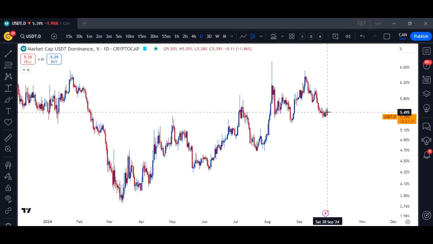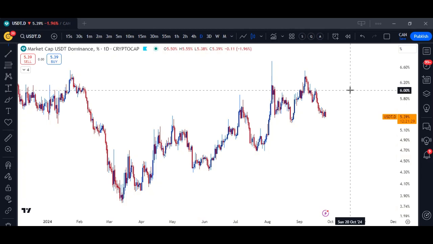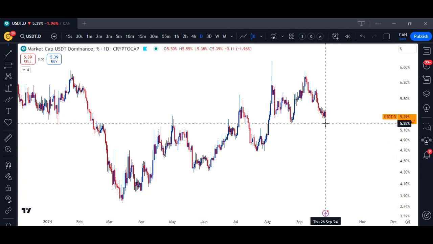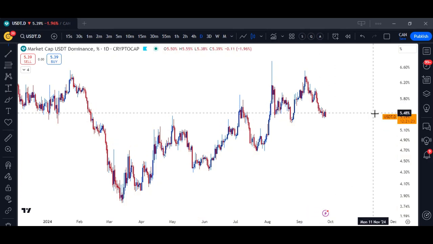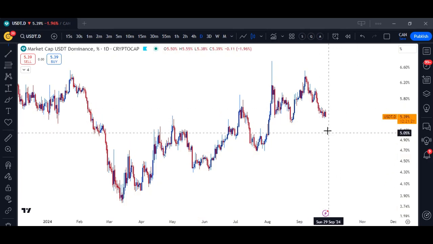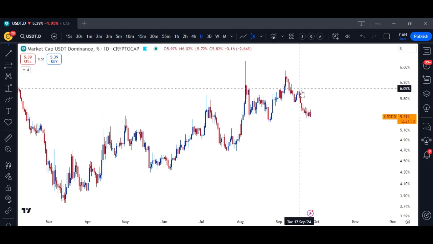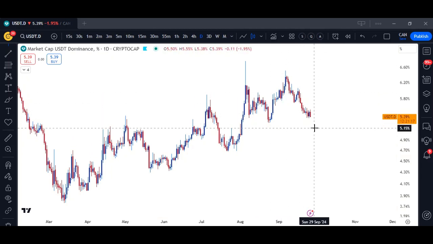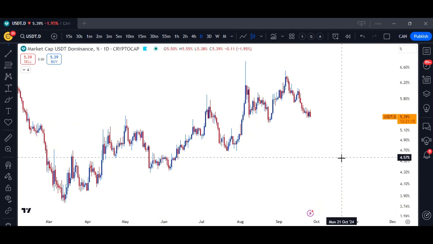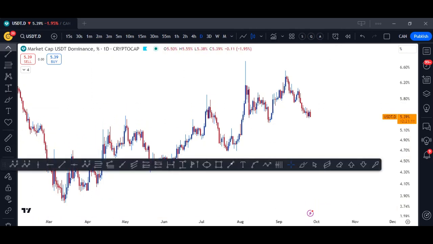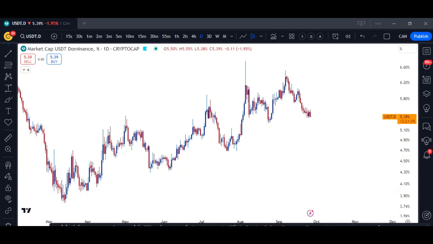And when the dominance goes up, it means that money is coming out of the cryptocurrency altcoins and going into Tether. So when we are talking about this index, you have to understand that when it goes down, it's a good thing for the market, and when it goes up, it's a bad thing for the market.